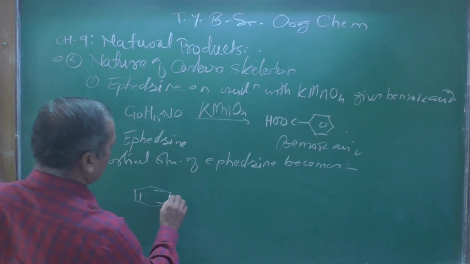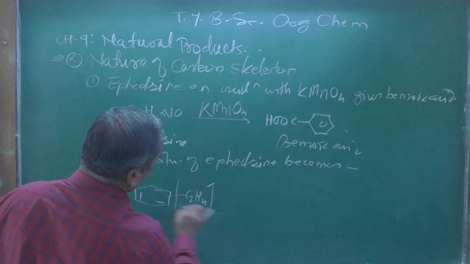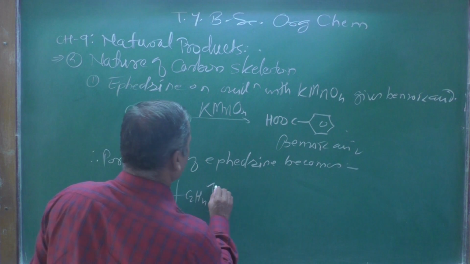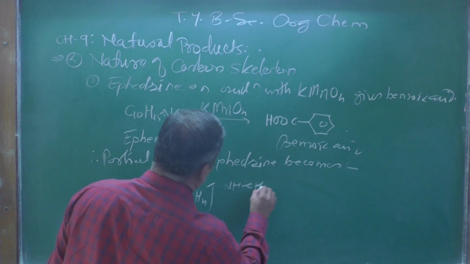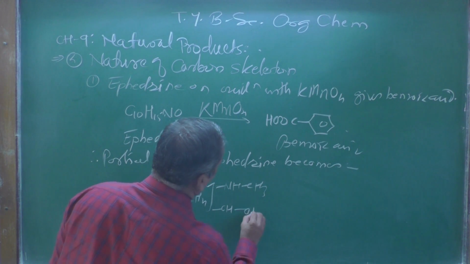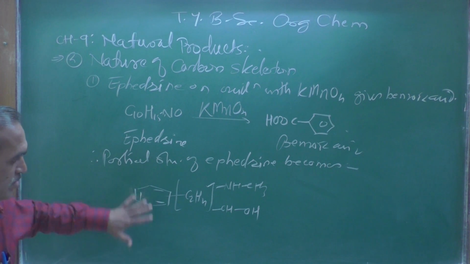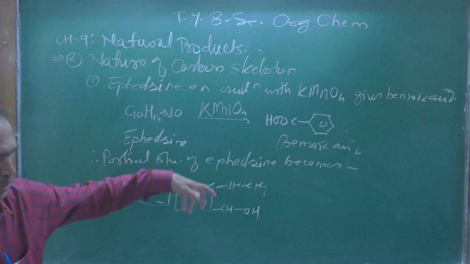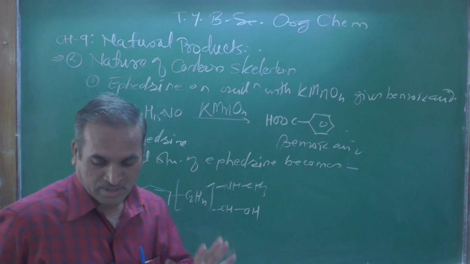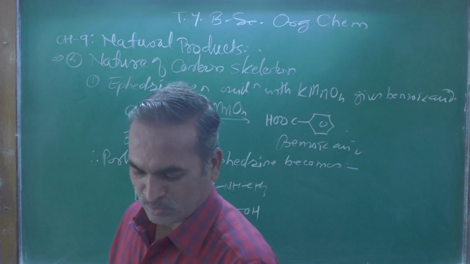This is the benzene ring, and C2H4 is a side chain, and here, as we know, there is an NHCH3 group. Another one, there is a CHOH. This is the partial structure of ephedrine: a benzene ring, a side chain we don't know yet, then NHCH3 and CHOH. This is the information we got.